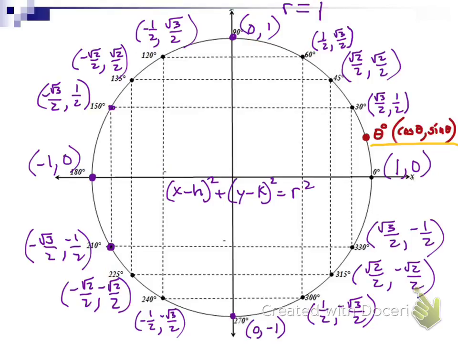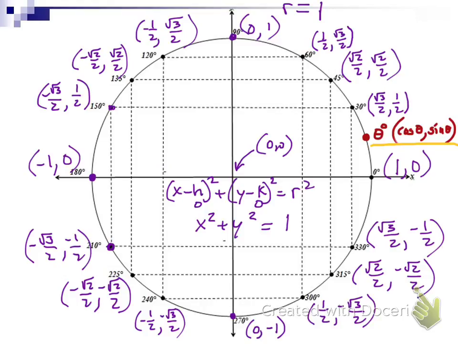It's 0, 0, isn't it? So if h and k are both 0, then we have x squared plus y squared equals, what's the radius? 1. 1 squared is 1.